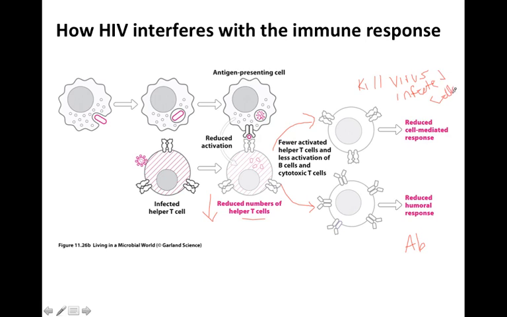Make sure you are familiar with the idea that cytotoxic T cells don't go and kill pathogen directly, they kill host cells that are infected with pathogen. So if you don't have these cells, you don't have the activation of the cytotoxic T cells or antibody. So you effectively shut down the adaptive immune response, kind of at the heart of it.